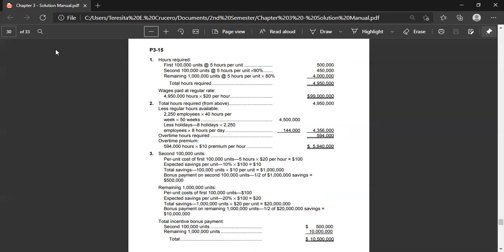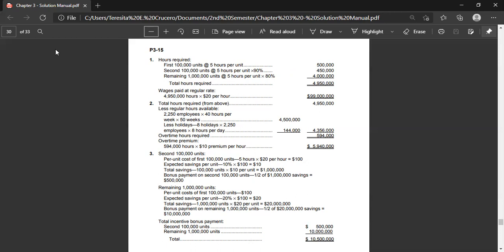For the remaining 1 million units, it's expected that the labor time will be reduced 20% from the original estimate for the first 100,000 units, if the same incentive bonus, one half of the savings, is paid to employees, and overtime premiums are to be excluded when savings are computed.